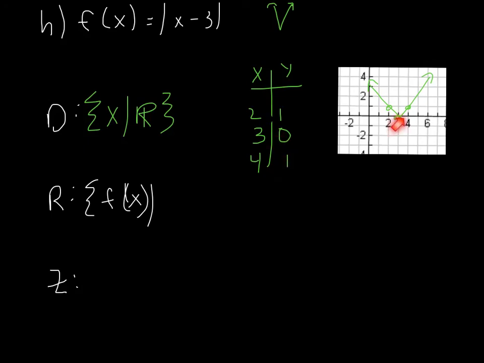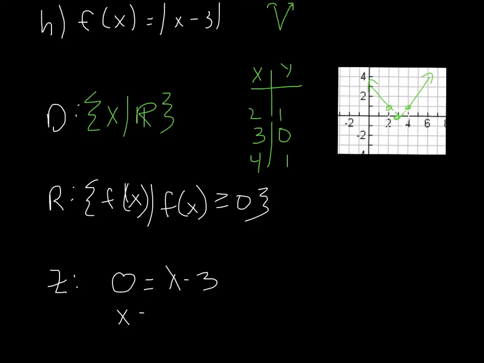It starts at y equals 0 and goes up. So the range is f of x is greater than or equal to 0. And finally for zeros, well, set your function equal to 0, or just look at the picture. It crosses at 3. That's the zero. Sweet. Awesome.